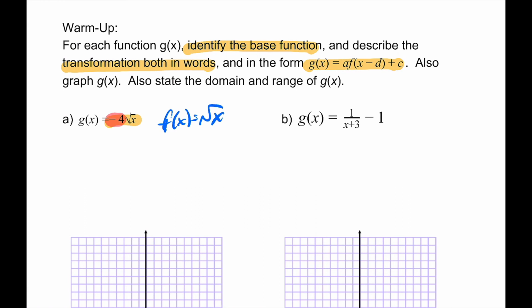In other words, it's only a value that's being multiplied to my function, or that's outside my function. In this case, that A value is actually negative 4. So this implies that this is going to be a vertical stretch by a factor of 4. And it's also vertically reflected since A is negative.